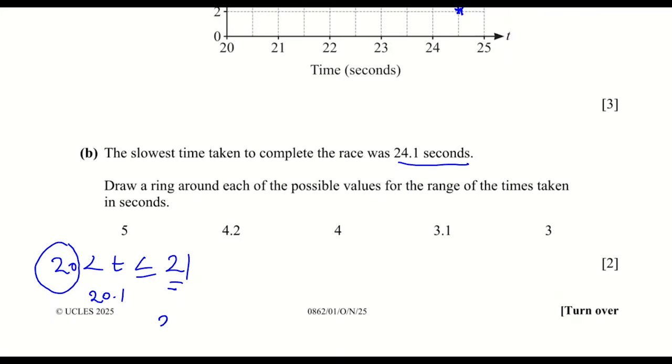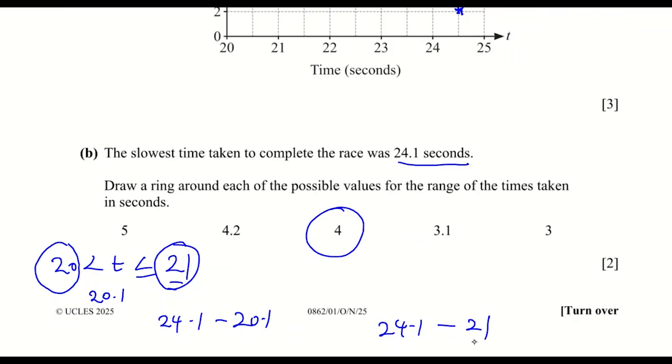So if you do 24.1 minus 20.1, that will give us 4. So this will work. And also if you take the smallest to be 21, you still do 24.1 minus 21. This will give us 3.1. So we select this. The smallest is within this range.